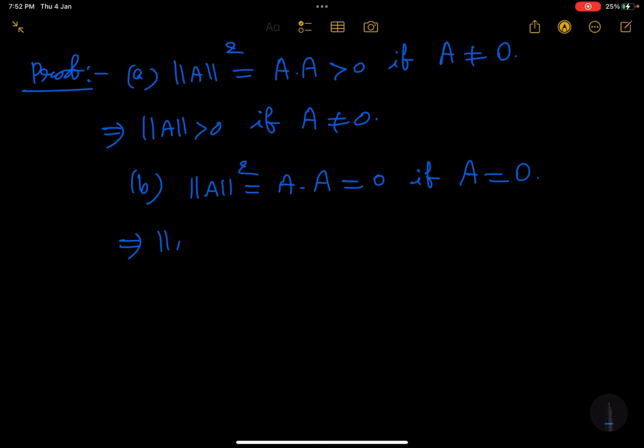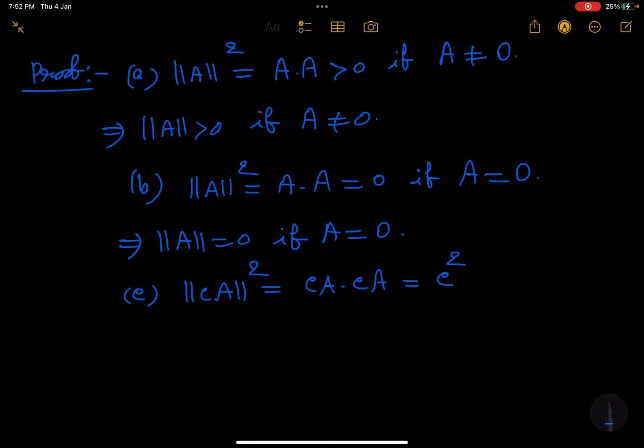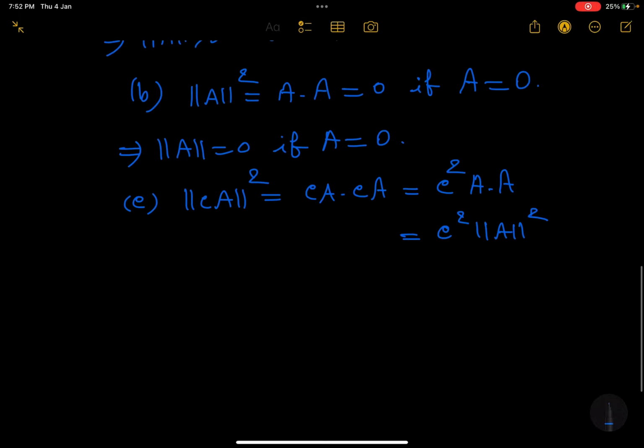That means norm of A is 0 if A is 0. The third one, norm of CA square is CA dot CA, which by the distributive or homogeneity property that we proved earlier is C square into norm of A square. That means norm of CA is modulus of C into norm of A.